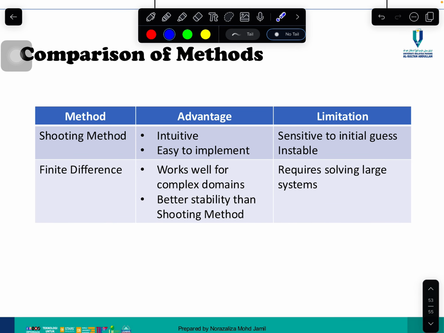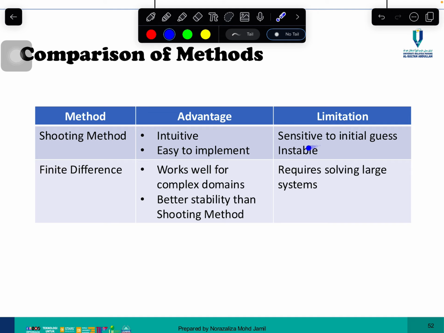Comparison of methods. So before, there are two methods for second order differential equation, two numerical methods, which are shooting method and finite difference method. Okay, to compare these two methods, the advantage of shooting method is it is intuitive and easy to implement, but it has a limitation.